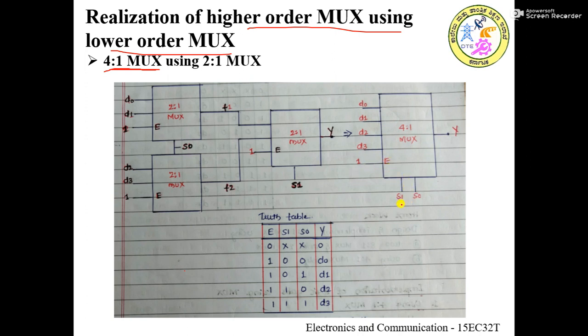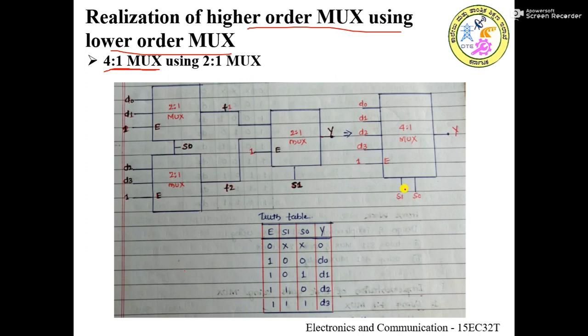As we know, with the two selection lines, I can make a selection among these 4 input lines, so I can have 4 different combinations.